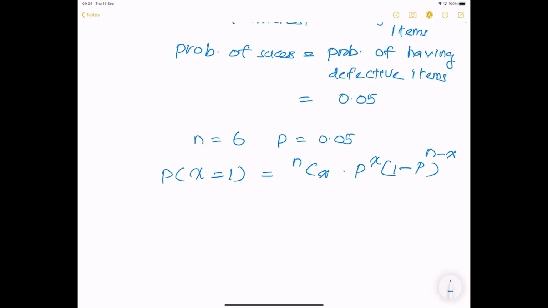If you write the equation correctly in your answer script, they will allocate some marks; otherwise, you will miss that.